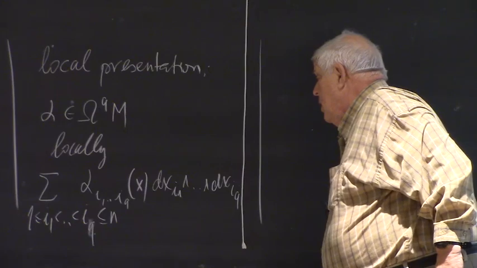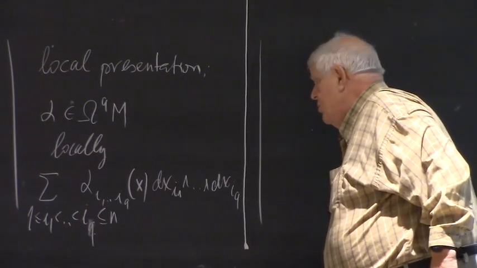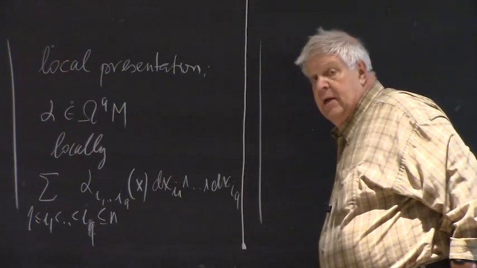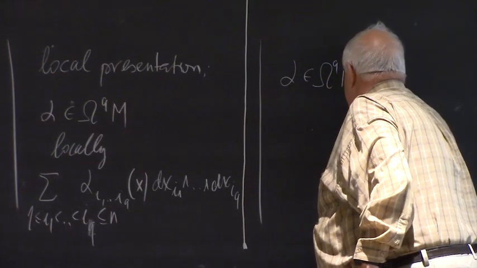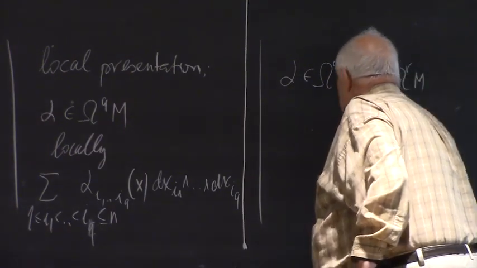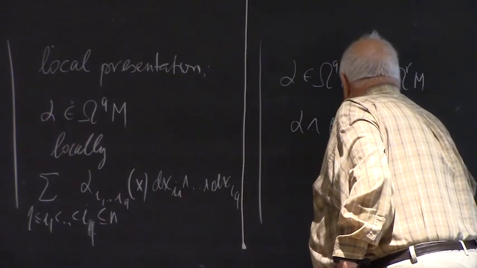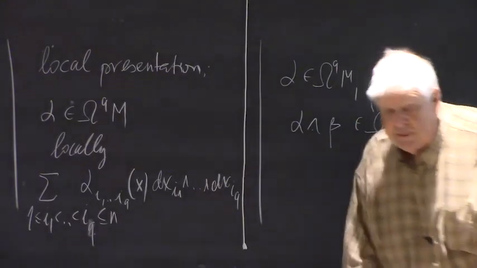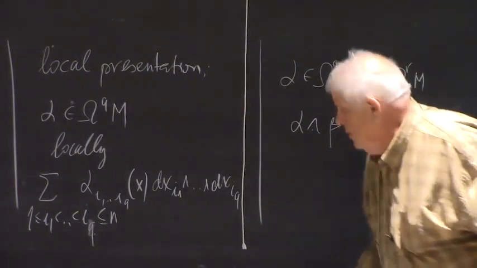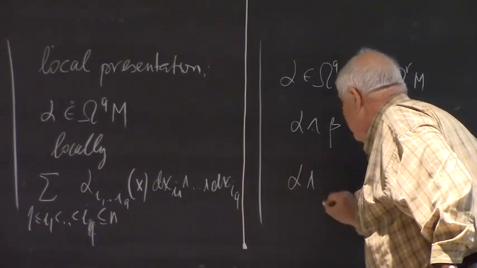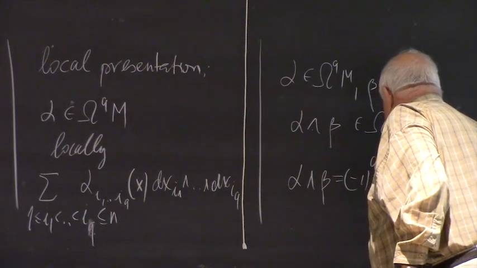Also, two things I want to mention. First, that there is a multiplication. If alpha is in Omega^q(M) and beta is in Omega^r(M), then there arises their exterior product of degree q plus r, which has very direct algebraic properties, and in particular, alpha wedge beta is equal to (-1)^{qr} beta wedge alpha.